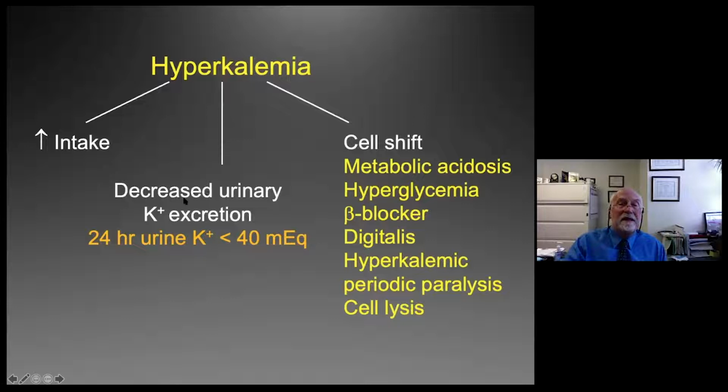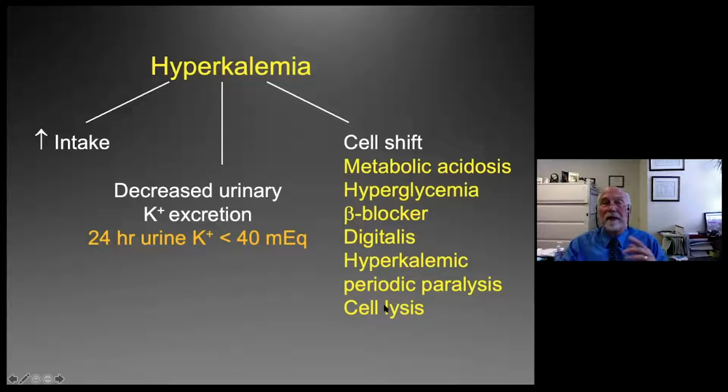You typically have to have decreased renal excretion. This is determined by both GFR, your underlying renal function and number of functioning nephrons, as well as hormones that we'll touch on. And then, of course, potassium is regulated in the short term by shifting intracellularly. And these are the factors that drive potassium out of cells and can contribute to hyperkalemia.